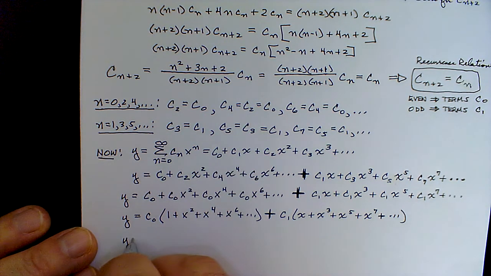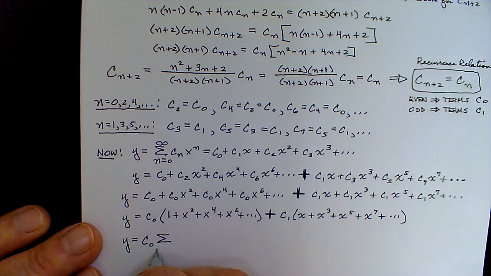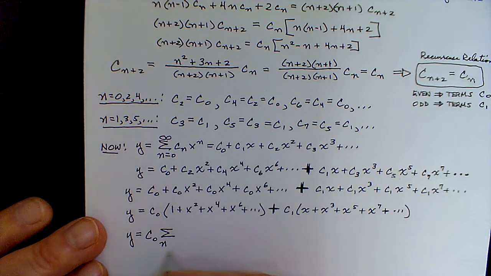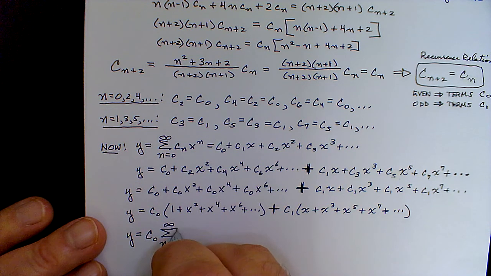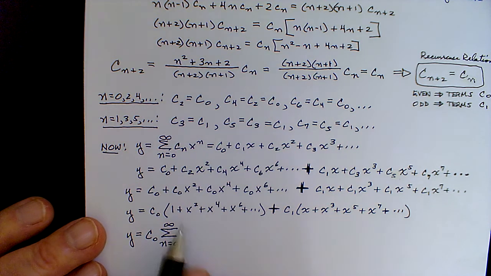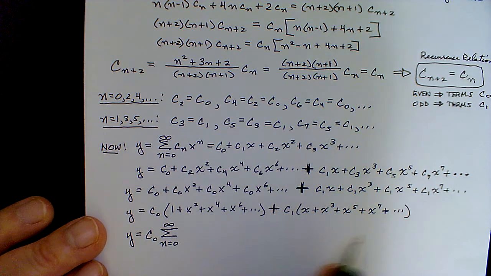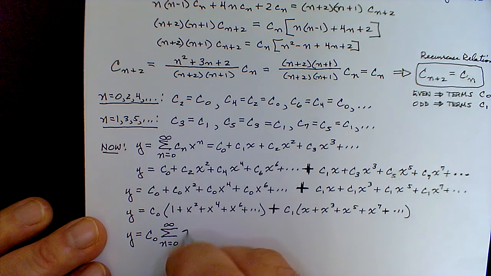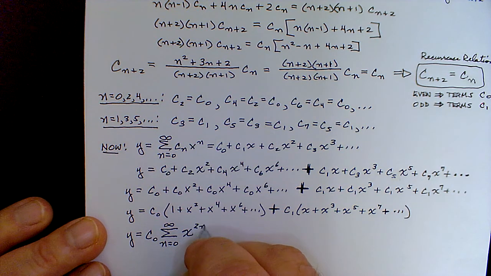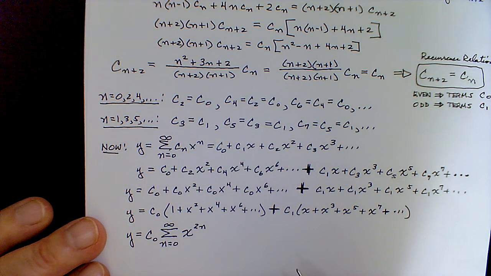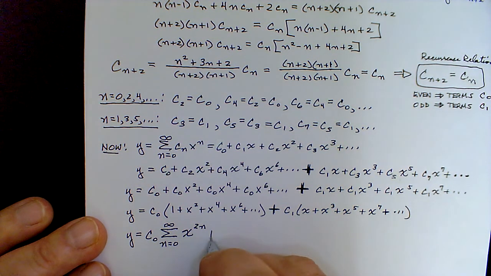So as infinite sums, c sub 0 times the sum, remember, as a power series, we always want to start at 0 to infinity. The only thing happening here are powers of x, and the pattern is x to the, there's really an x to the 0 here, so 0, 2, 4, 6, etc. So that would be x to the 2n, giving us the even numbers as the powers of x.